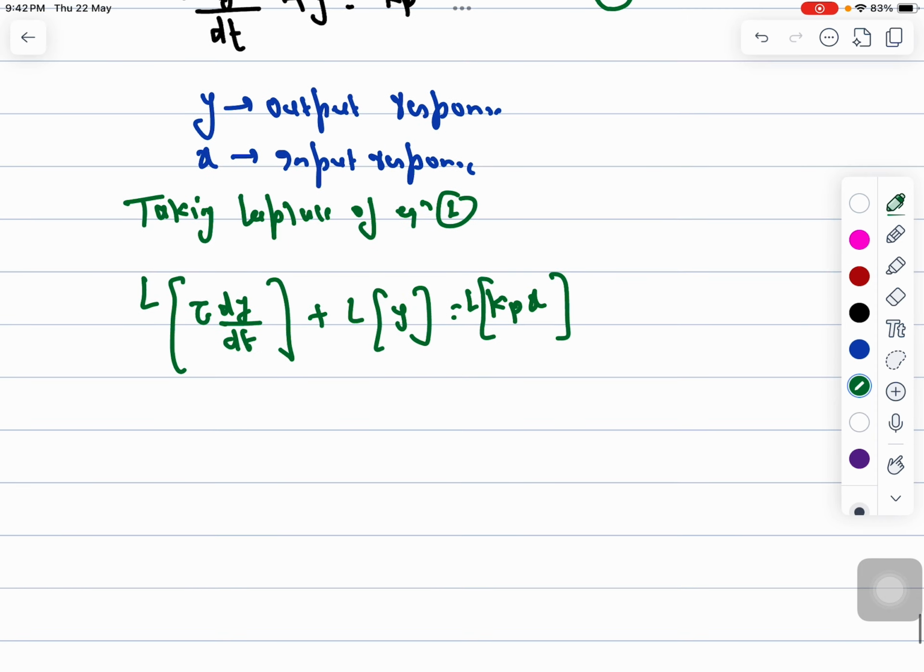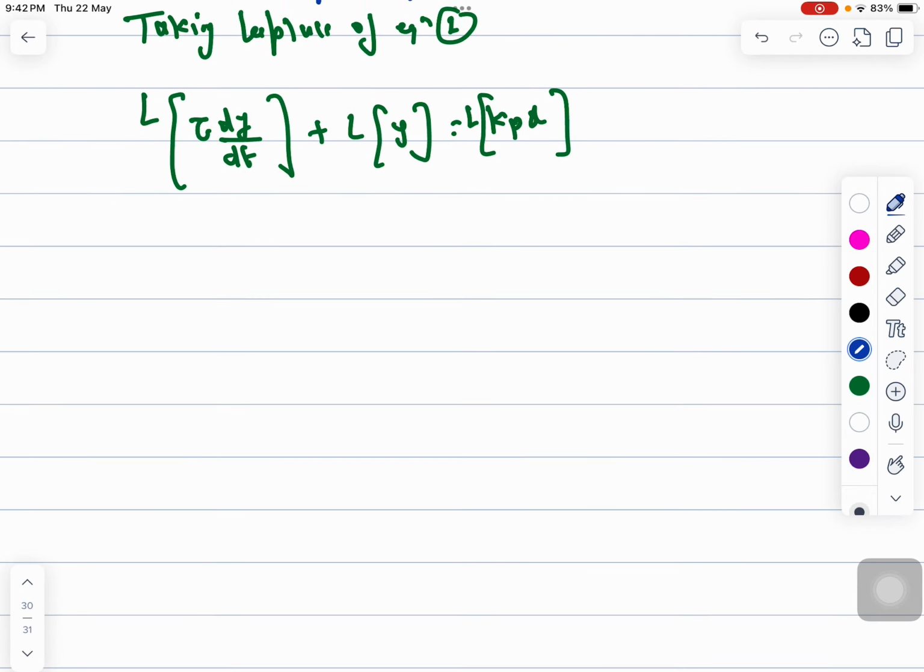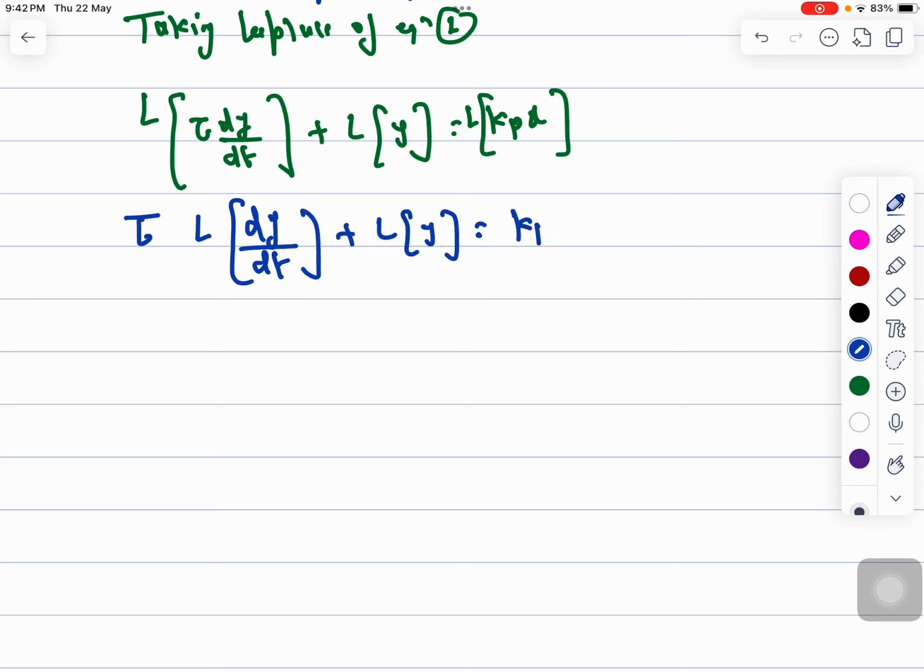Just try to understand that whichever parameters are constant can come out of the Laplace, and the remaining parameters stay inside the Laplace. So tau is a constant, that will come outside, then Laplace of dy by dt plus Laplace of y equals kp, which is constant, times Laplace of x. Is that clear?